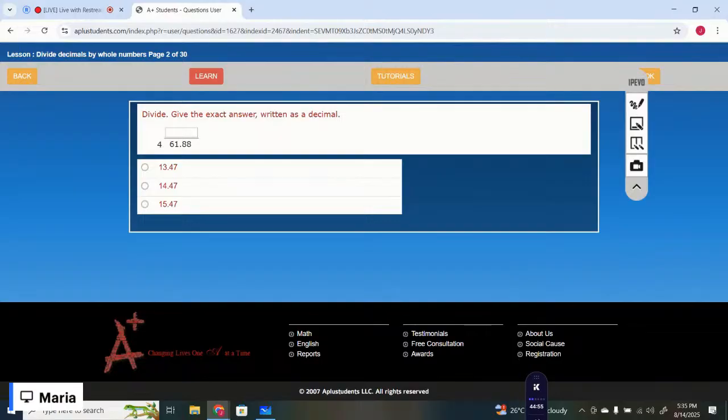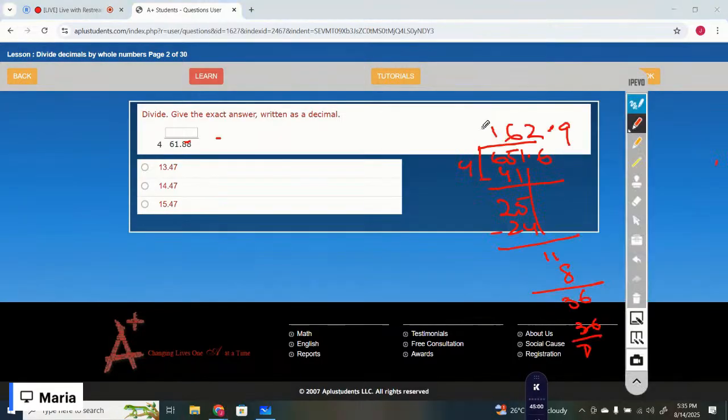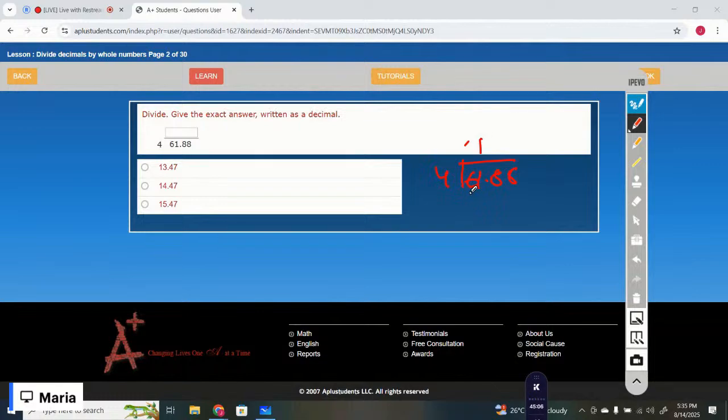61.8 divided by 4. 4 times 1 is 4. Bring next digit down. 4 times 5 is 20.